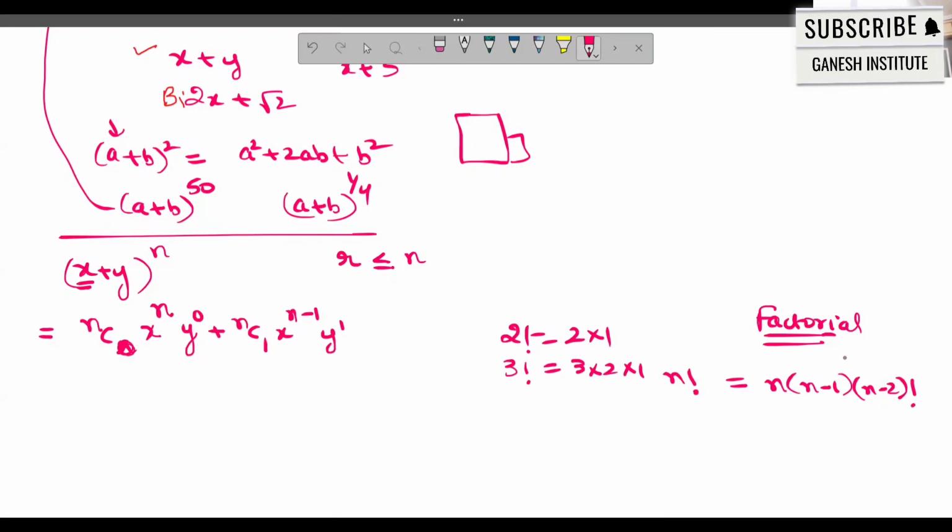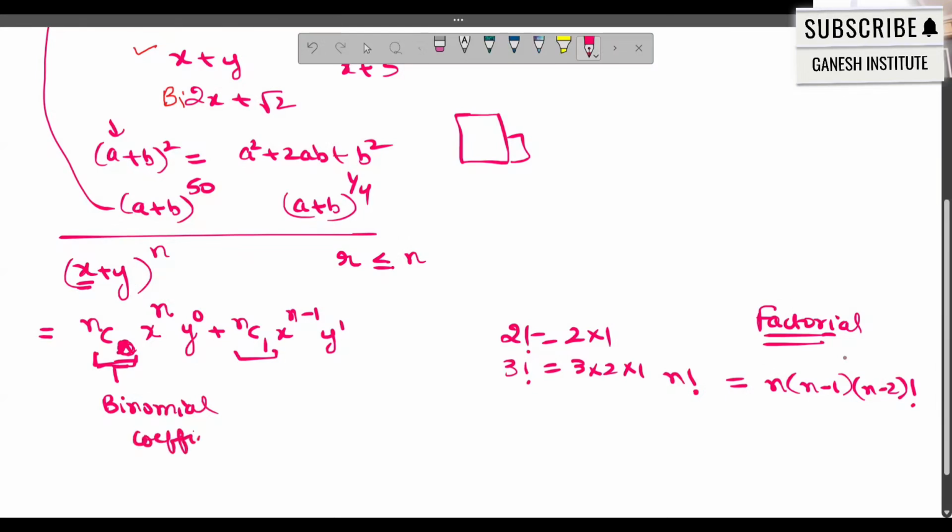Ma'am, we did not get this step. See, this is the binomial coefficient: nC0, nC1, nC2. These are coefficients of these variables.